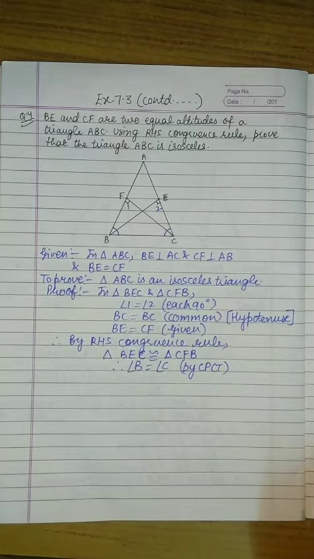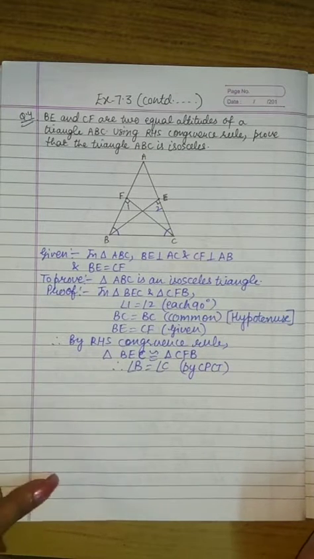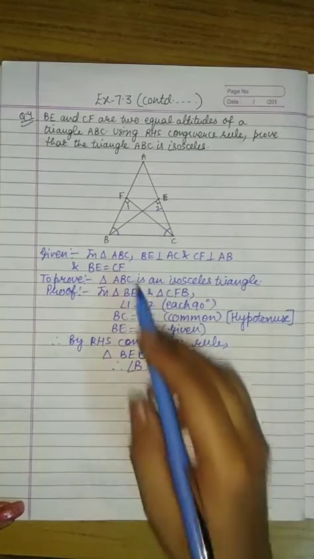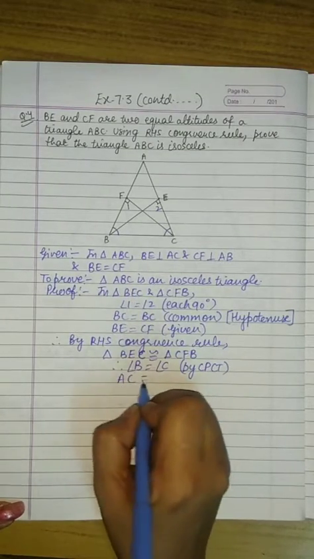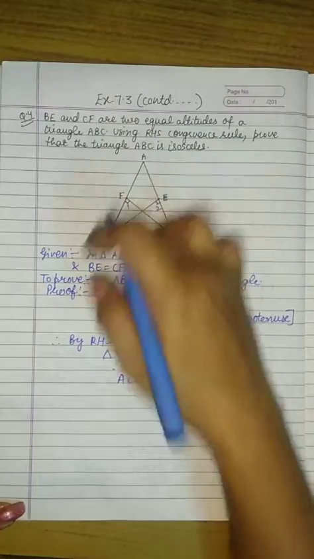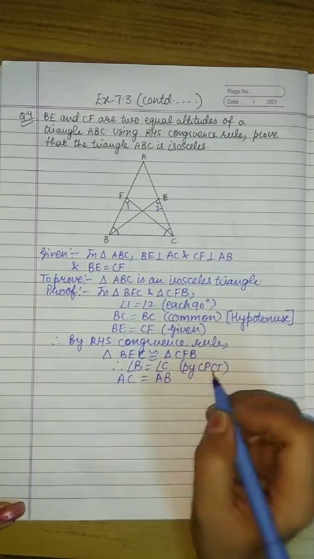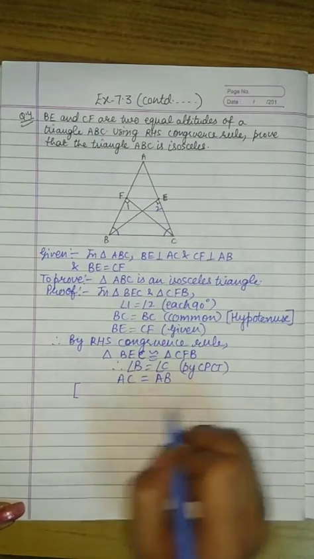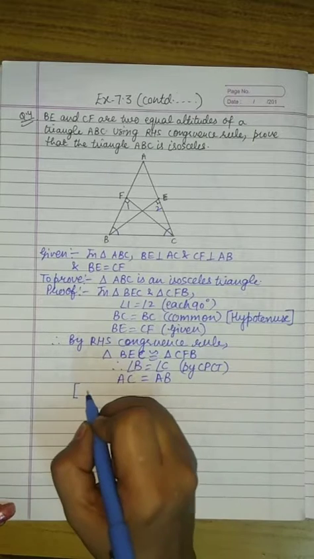Now, if both the angles are equal, their opposite sides are also equal. So, the side opposite to angle B is AC and the side opposite to angle C is AB. So, we will write the reason for this.